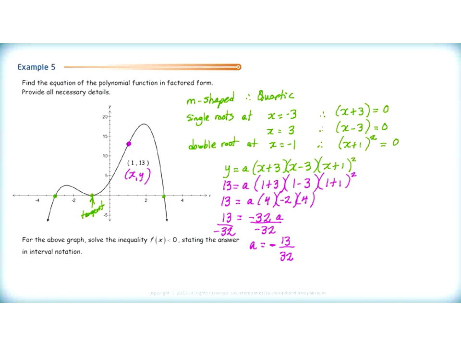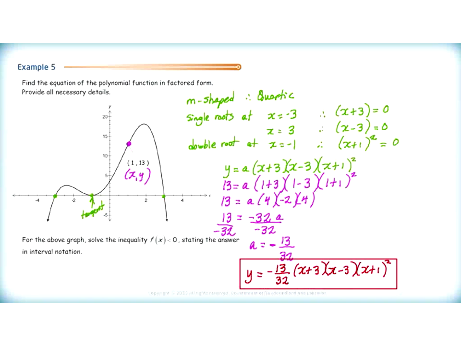So the equation of this polynomial function is y equals a negative 13 over 32 multiplied by (x + 3) multiplied by (x - 3) multiplied by (x + 1) all squared. As well, we are asked for the above graph to solve the inequality where f(x) is less than 0, stating the answer in interval notation.